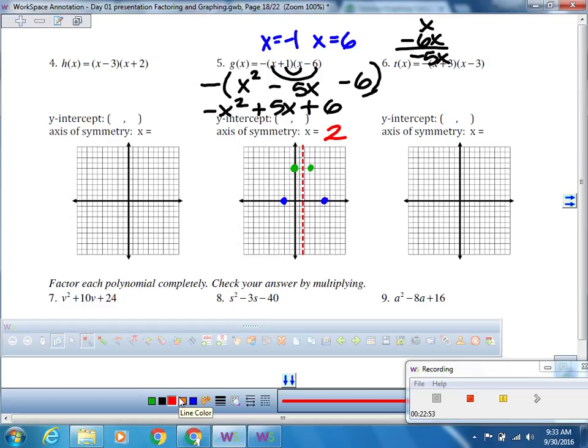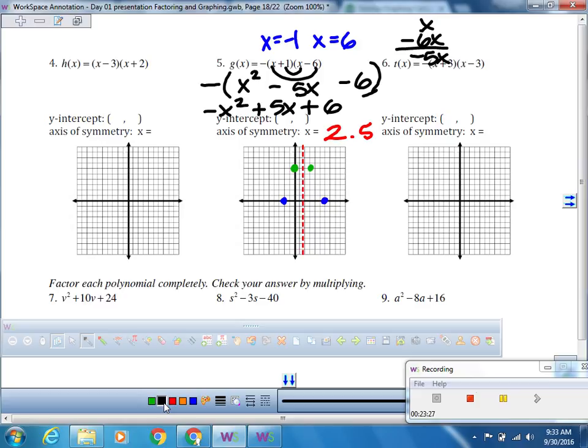Are you sure it's 3.5? Or is it 1.5? Let me count on the paper. So it's positive 2.5. It's 2.5.